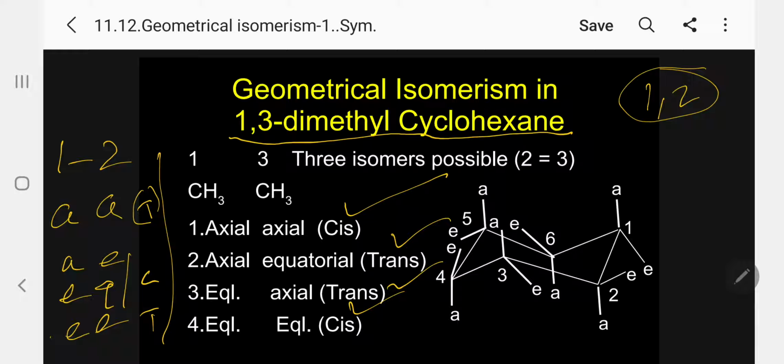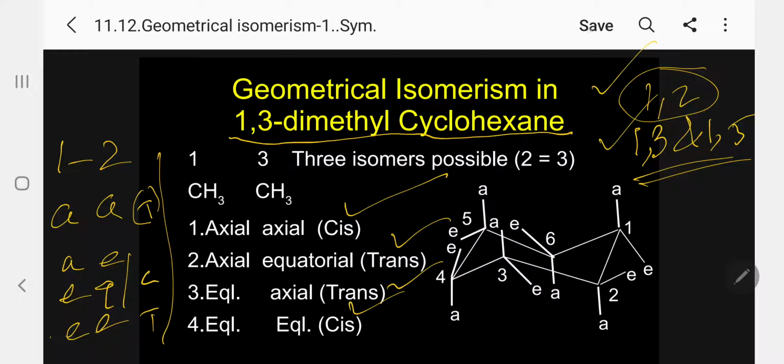So this is cis. So the idea I want to convey, in the case of odd numbers 1, 3 and 1, 5, it is just opposite that of 1, 2. So you must memorize 1, 2 and 1, 3. Just that is enough to fix the geometrical isomerism in the case of unsymmetrical.